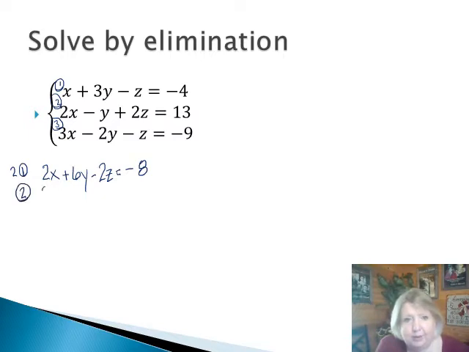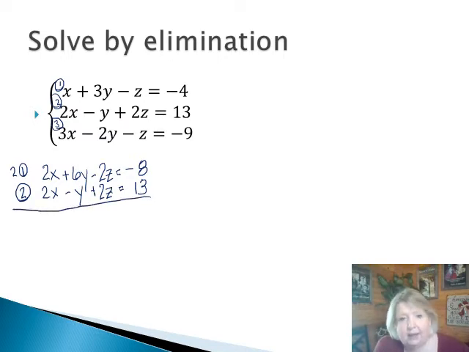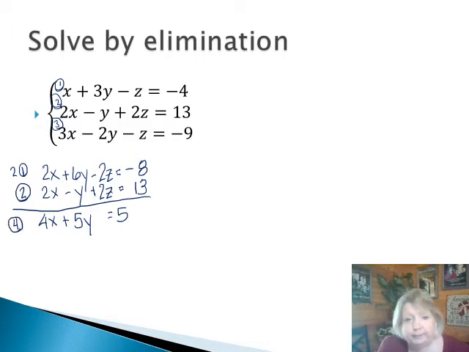That gives me 2x minus y plus 2z equals 13. Notice now that my z's have opposite coefficients. That way, when I add those two equations together, I get 4x plus 5y equals 5. The z's are eliminated. So this is going to become my equation number 4.